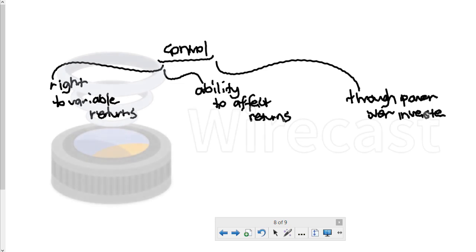Those are the three pieces, right? So we look at this question. So that's what you would say.